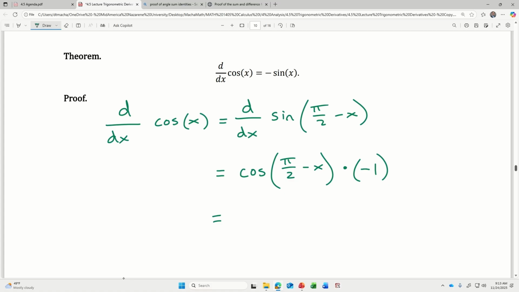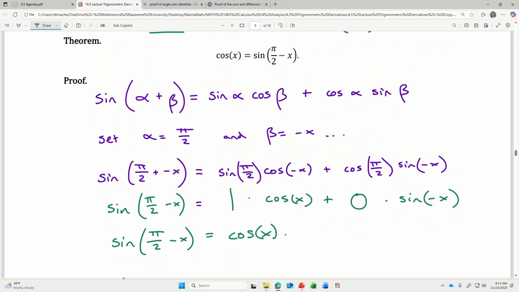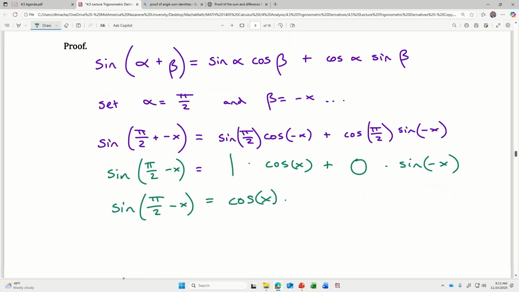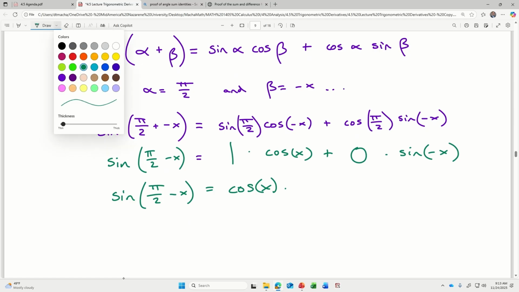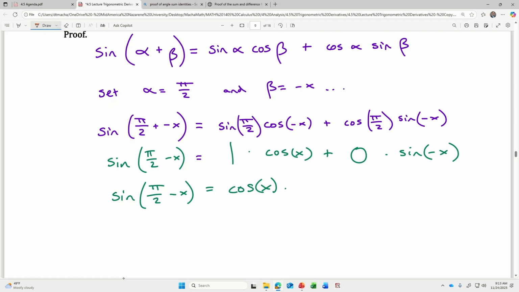What is cosine of pi over 2 minus x? If I say u is equal to pi over 2 minus x, that means x would be equal to pi over 2 minus u.